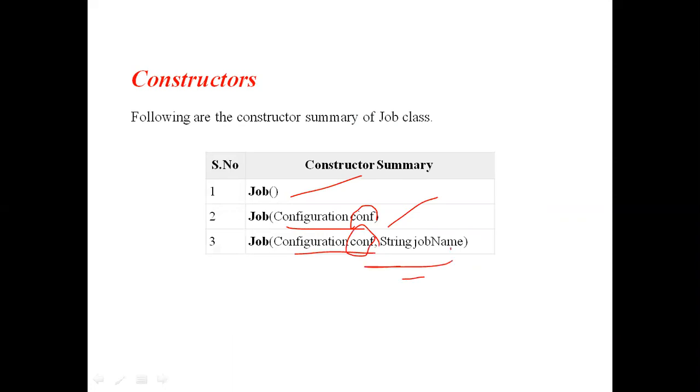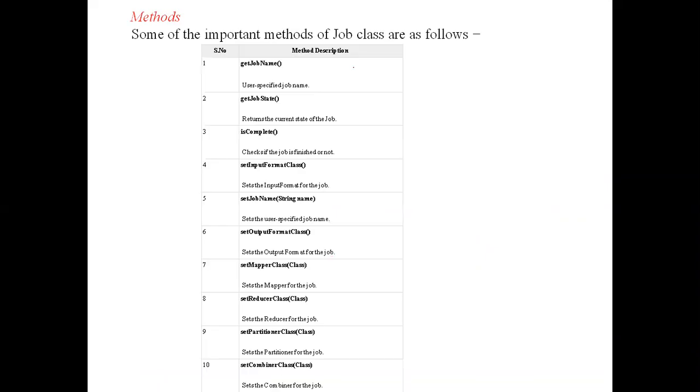Some important methods are getJobName, getJobState, isComplete, setInputFormatClass, setJobName, setOutputFormatClass, setMapperClass, setReducerClass, setPartitionerClass, and setCombinerClass. The job class contains these important methods.